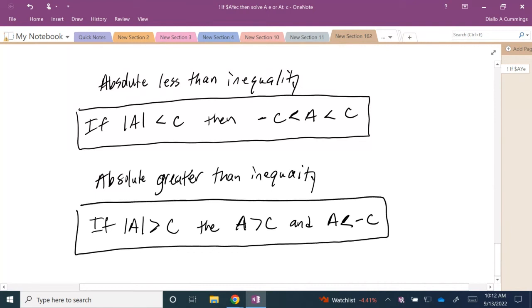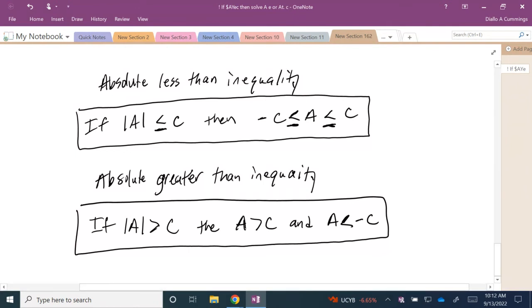All right. And again, if we look at the first one, it says if the absolute value of A is less than C, and if we had an equal to bar, the same formula applies. The only difference is the equal to bar will also appear in the formula. And the same is true for the greater than or greater than or equal to.